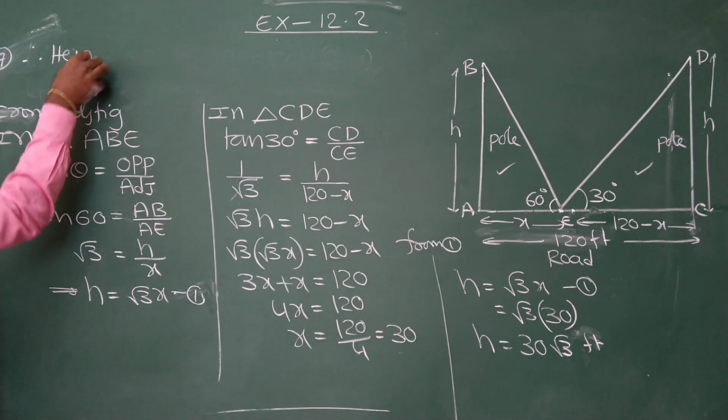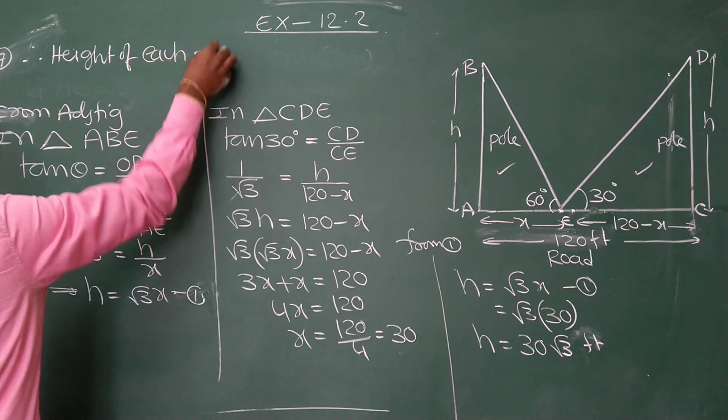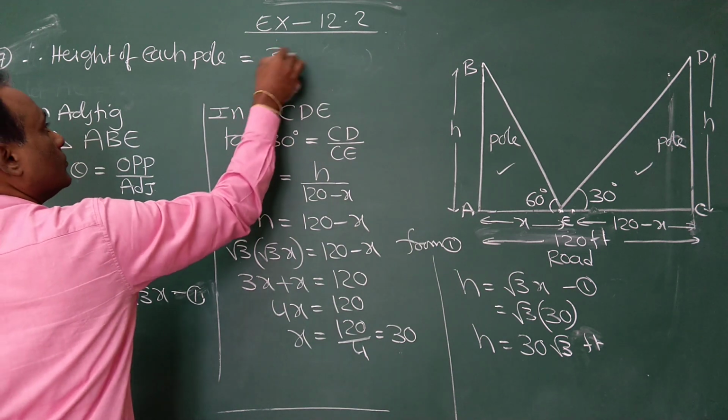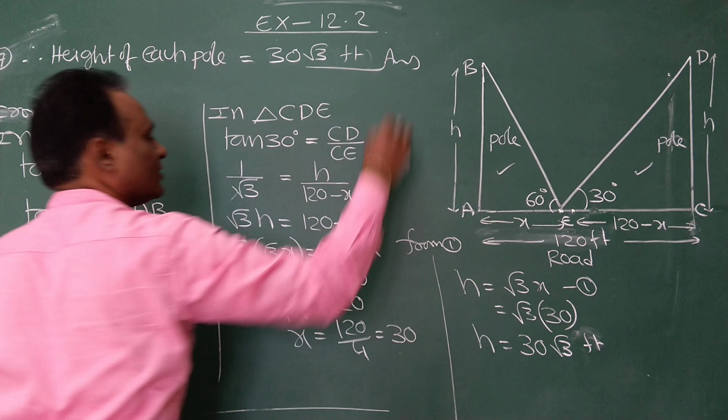Therefore, the height of each pole is 30√3 feet. Answer.